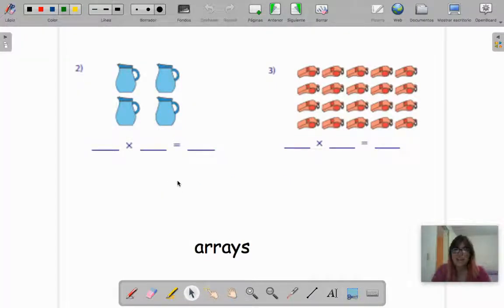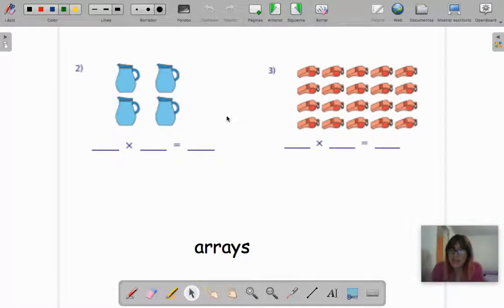An array means instead of making a circle, for example, and putting inside the same number, here we're going to put them in a straight line. In a line, that's an array. One line, other line at the bottom, other line at the bottom, other line at the bottom. That's the same as groups, but in a line, okay?